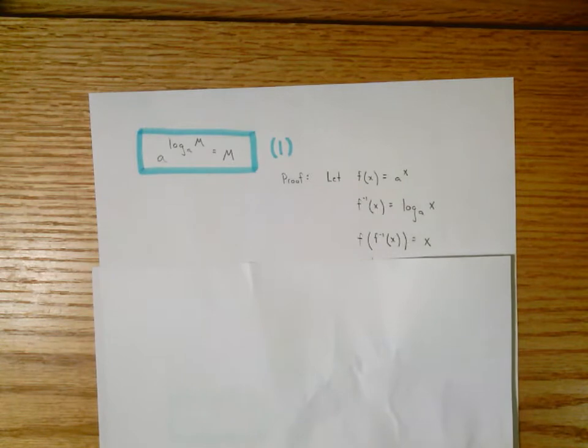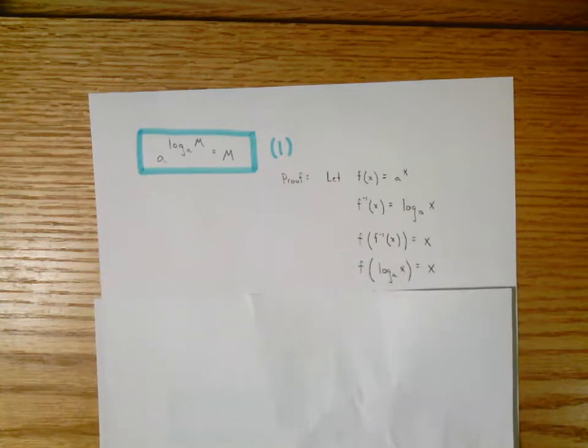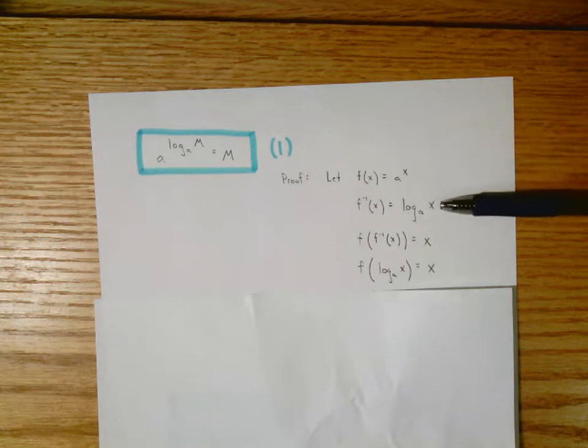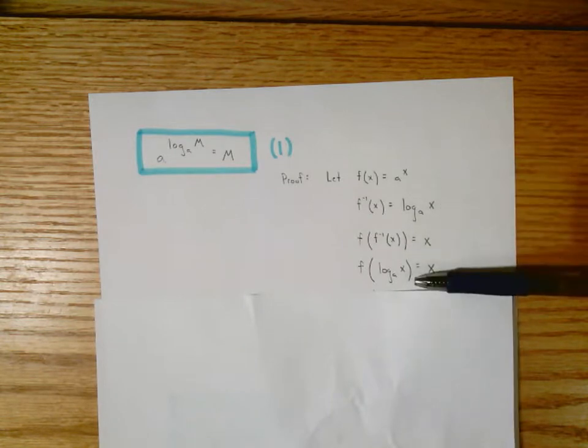Based on our knowledge of inverses, if we form a composition, f of the inverse of f of x, the value of that expression has to be simply x. Now I'm going to do some substitution. First I'll substitute in place of the inverse function based on my given up above.